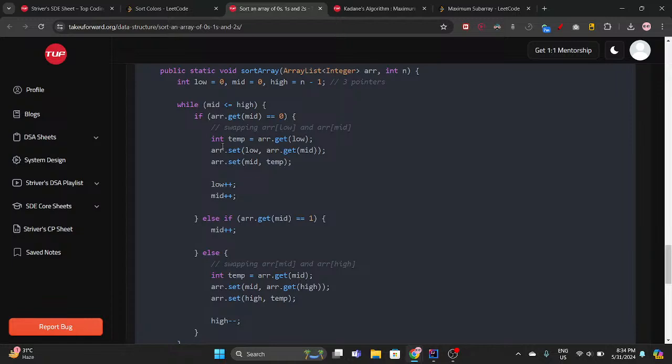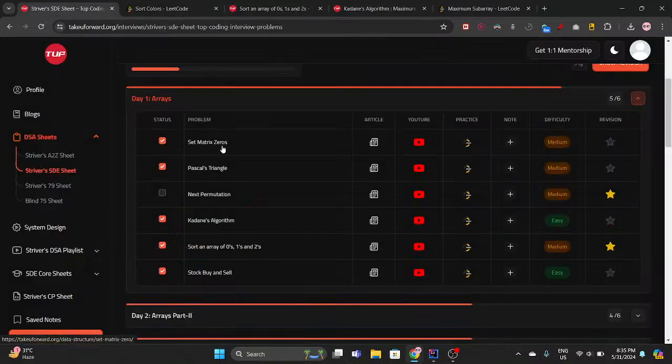Low++, mid++. We are working with low. So this is one I have to remember again. In the implementation part, we will see that.